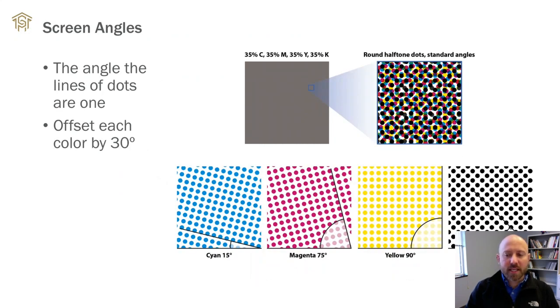All right. So what we need to understand is that all of those lines of dots are on an angle, and this is really important. We don't want multiple colors to be all on the same angle. If they're all on the same angle, essentially, they'll just lay right on top of each other.